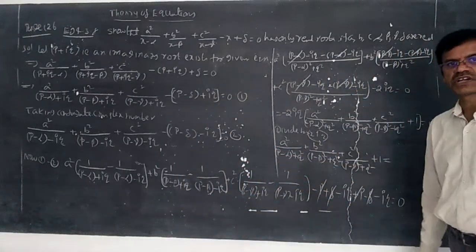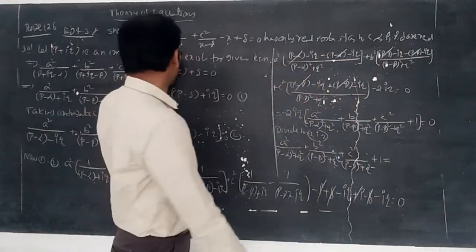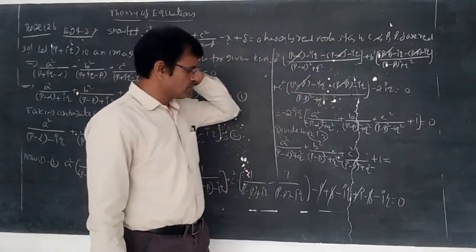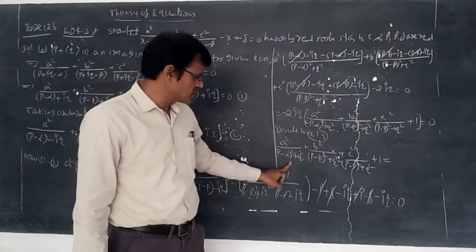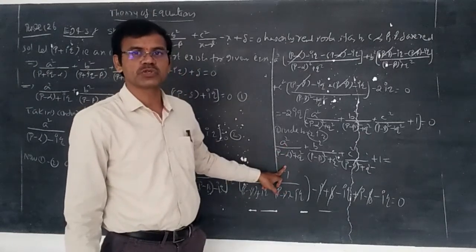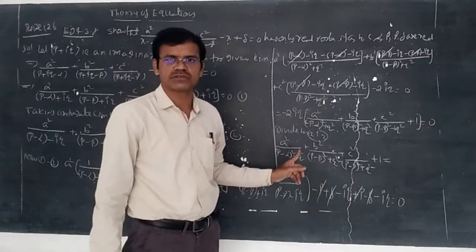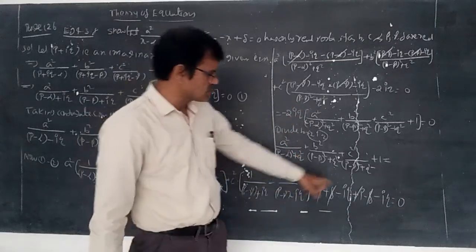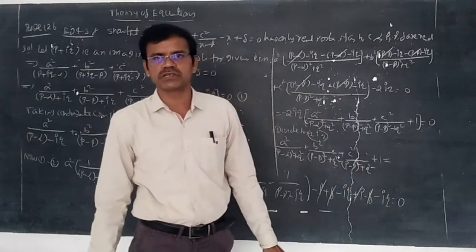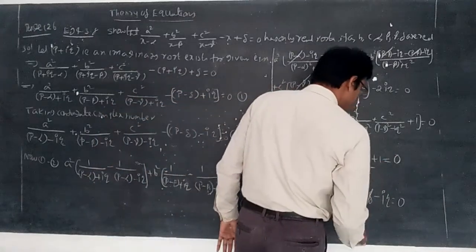Here one thing you can understand: every square is positive. According to the condition, p, q and everything are real. There is no chance to get even 0 here, because whenever it is 0, 1 by 0 comes to infinity. Even though the values are negative, the squares are positive, and positive plus 1 at last is positive. Positive plus positive becomes positive. It is never 0. But we got 0 here.